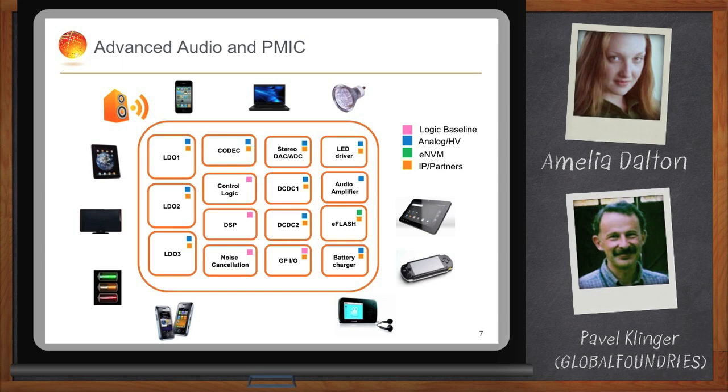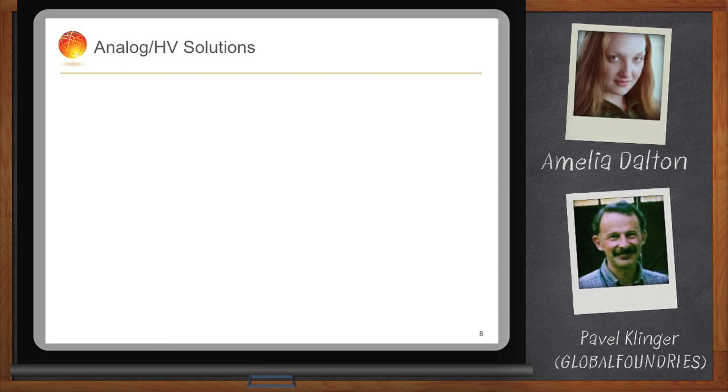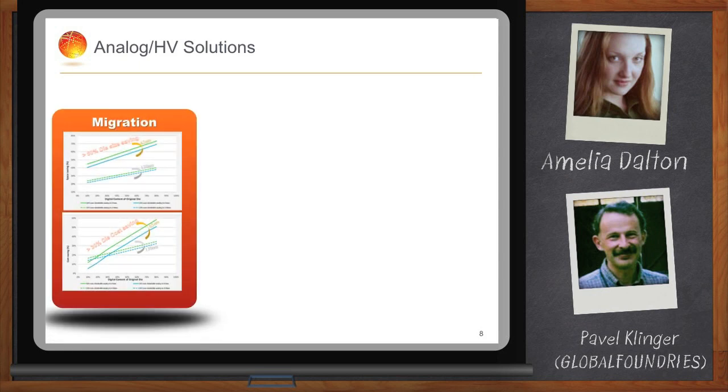The migration of the analog and high voltage solution in the advanced technology nodes is mostly driven by requirements for more digital function and more signal processing. Right. For example, when you migrate your analog device and add more digital functions, the user may take advantage of the logic scaling and essentially make the device much more cost effective and power effective.